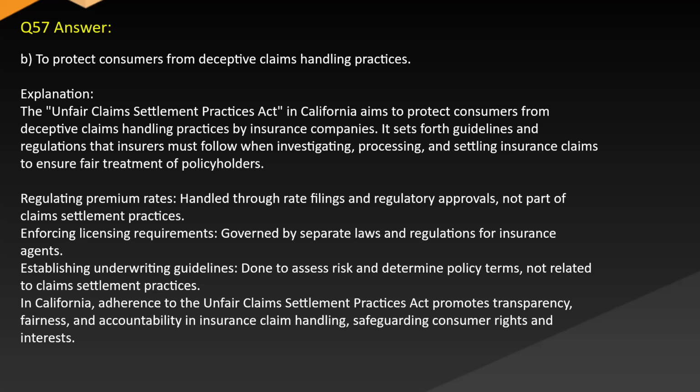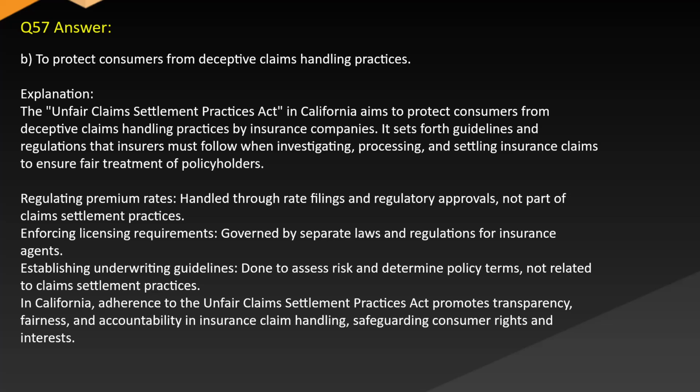Explanation: the Unfair Claims Settlement Practices Act in California aims to protect consumers from deceptive claims handling practices by insurance companies. It sets forth guidelines and regulations that insurers must follow when investigating, processing, and settling insurance claims to ensure fair treatment of policyholders. Regulating premium rates is handled through rate filings and regulatory approvals, not part of claims settlement practices.